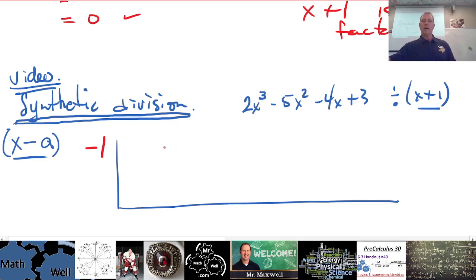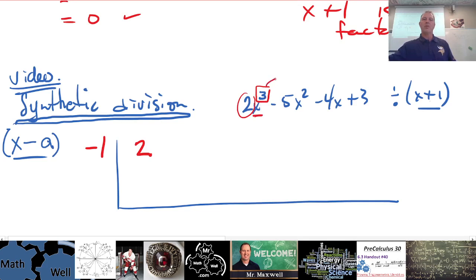Okay? So the other thing is, you want to put numbers on the top row, over top of this elongated L here. The numbers are the coefficients for the polynomial terms, in order, including all of the coefficients, starting with the highest exponent value. So I'm going to put a 2 here, because that's the coefficient on the term with the highest exponent.